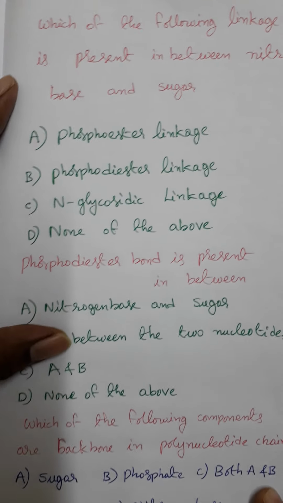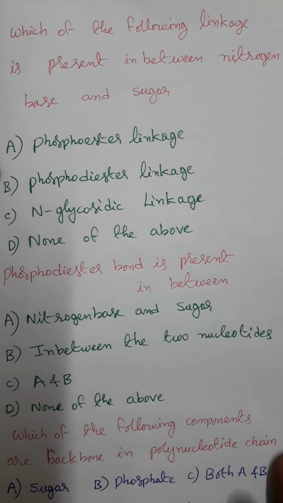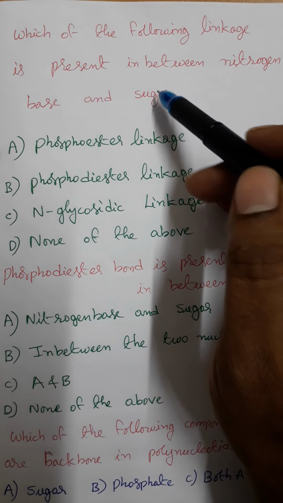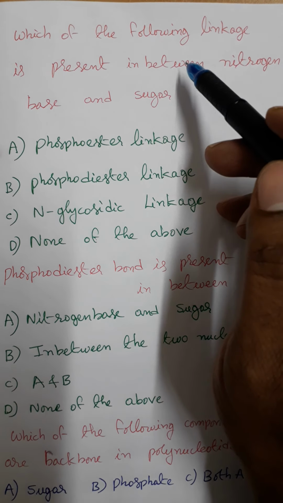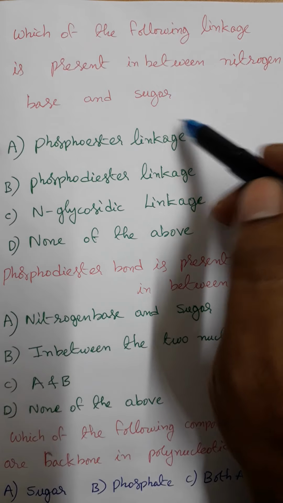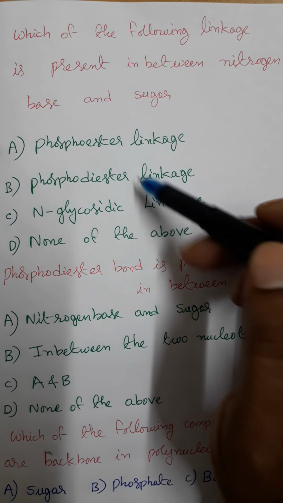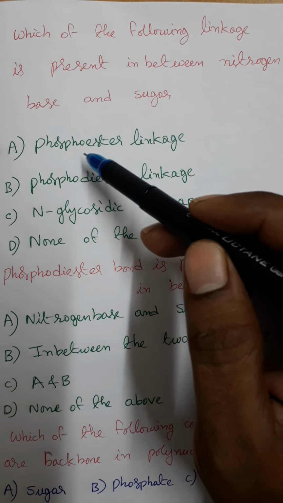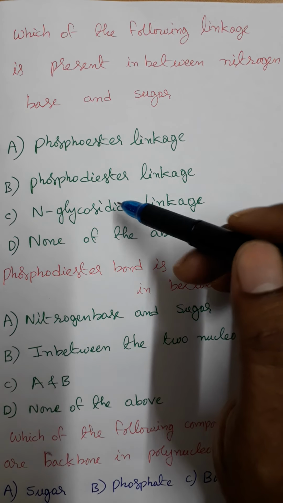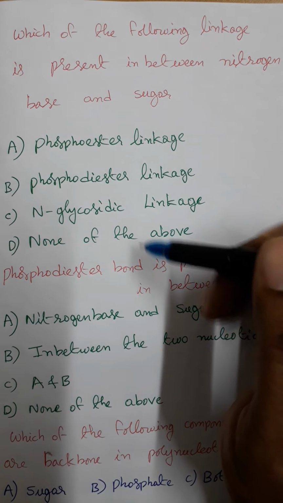The next question is, which of the following linkages is present in between nitrogen base and sugar? What are the options given? Option A, phosphoester linkage. Option B, phosphodiester linkage. Option C, N-glycosidic linkage.